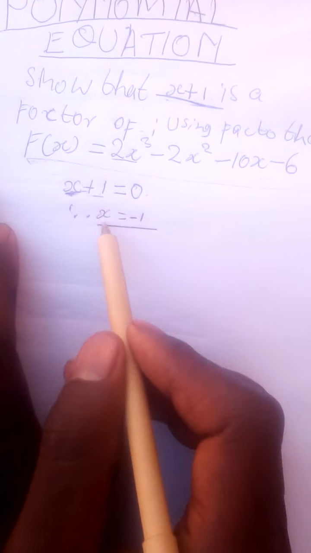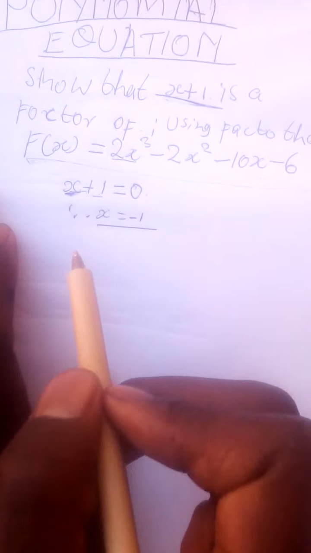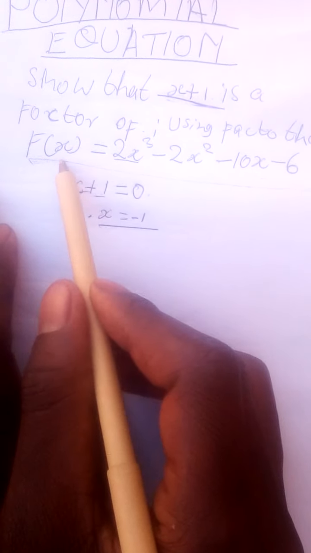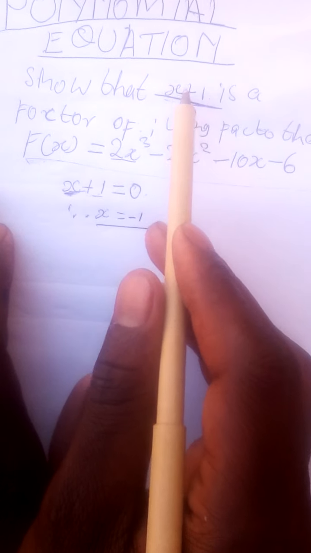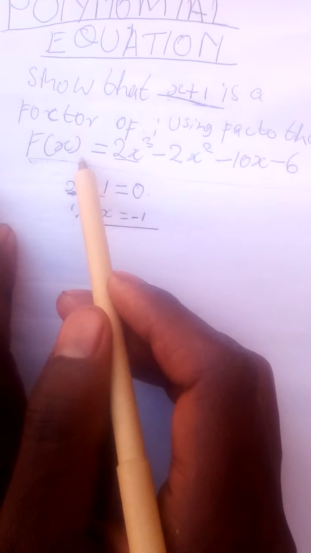Why? Our main aim is to get f(x) equals 0, since x plus 1 is a factor of f(x). So when we substitute x equals -1, we have to get 0. It is always like that.